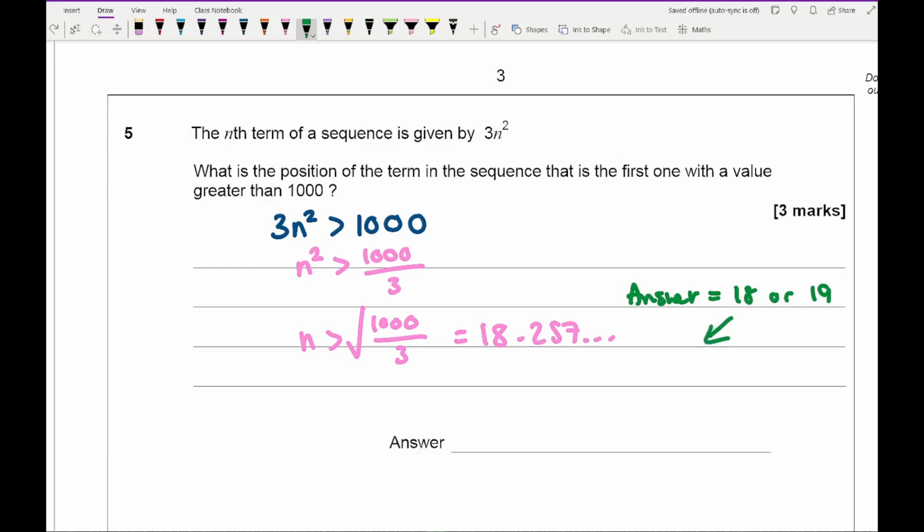So if I substitute 18 in there, I'm going to get 3 lots of 18 squared, which if I type that into my calculator, I get an answer of 972. But if I do 3 lots of 19 squared, I get 1083. So the answer is going to be 19.